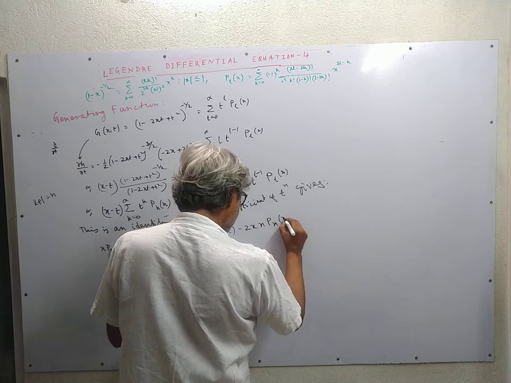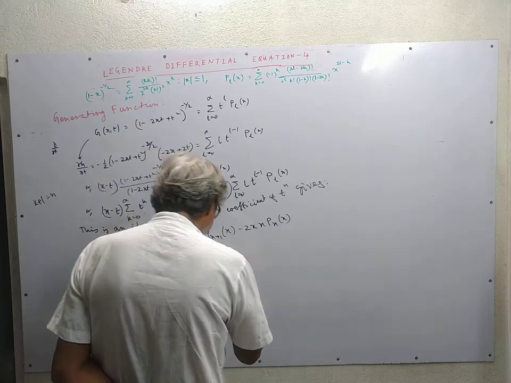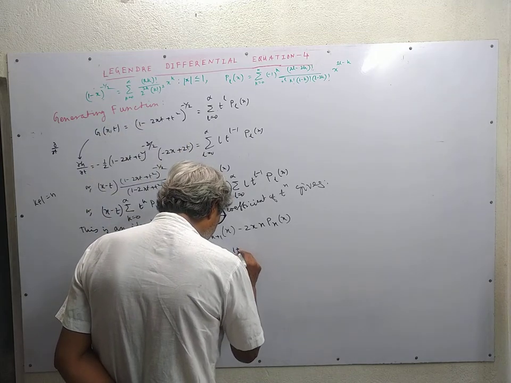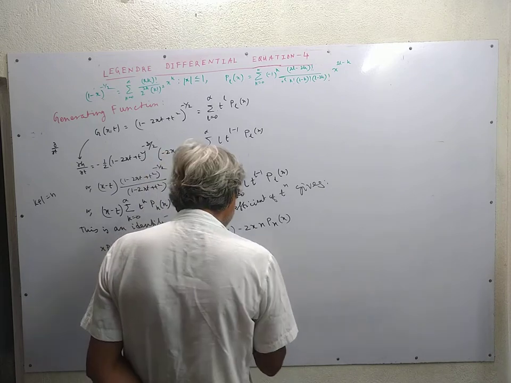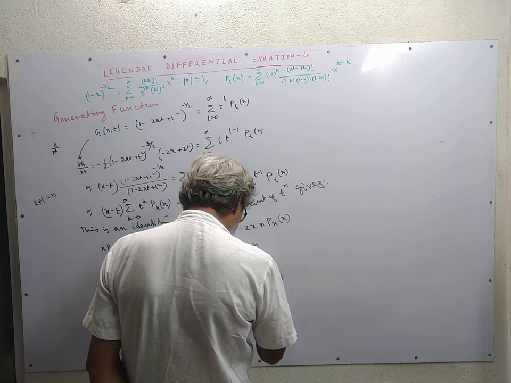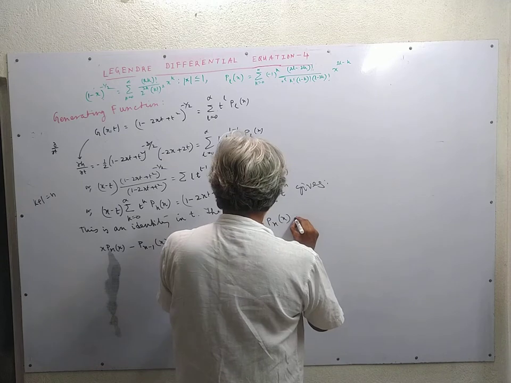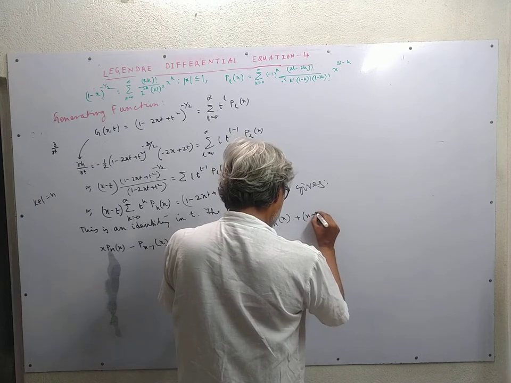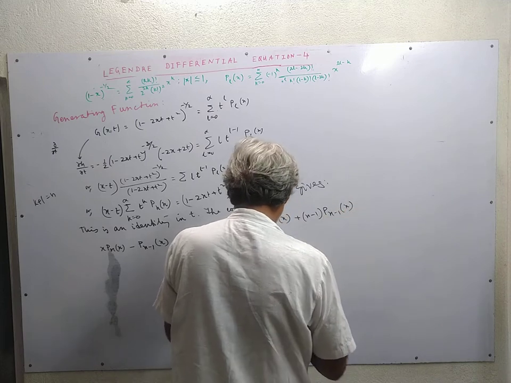n pn of x. Now coming to the next term, it is the coefficient of t to the power L plus 1. When L plus 1 is equal to n, that is L is equal to n minus 1, we have plus n minus 1 p n minus 1 of x.